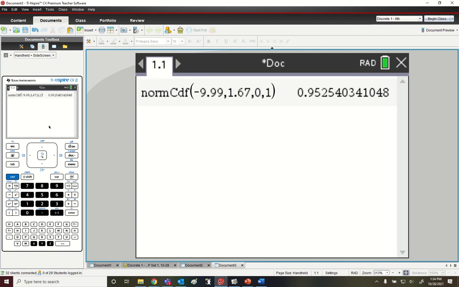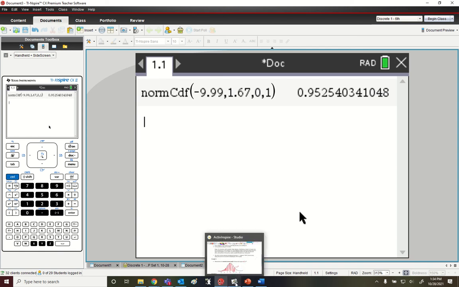So the percent that is shaded, from 1.67 all the way to the left, is going to be, as a decimal, 0.9525. That's a decimal. But I need to rewrite that as a percent.